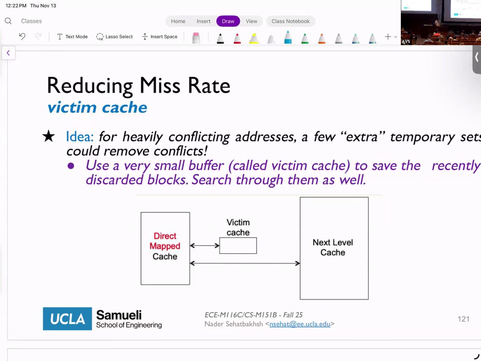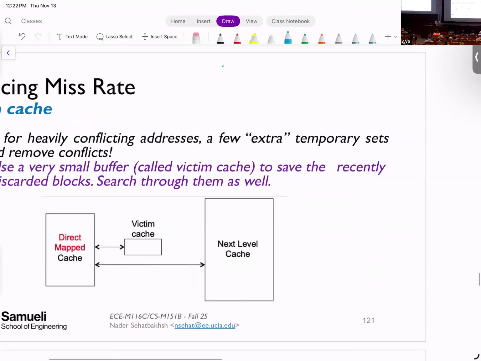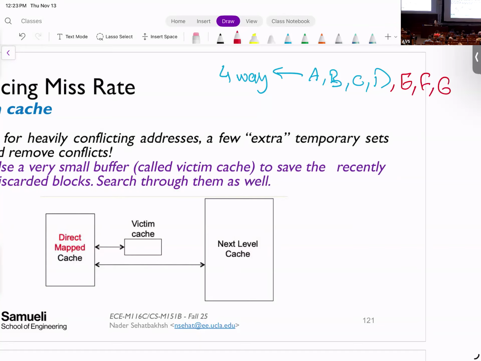So let's say I have a 4-way set associative cache, okay? And I have 4 addresses A, B, C, and D that all map into the same set. So they nicely fit into this cache. But let's say now I have E and F and G as well that also map into this cache. What will happen if I have a sequence that goes through this and goes back?